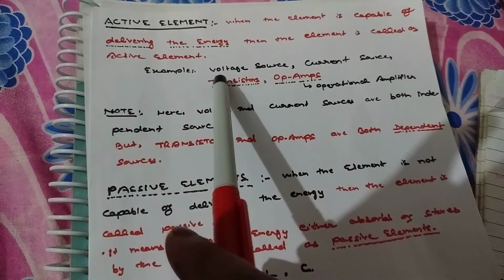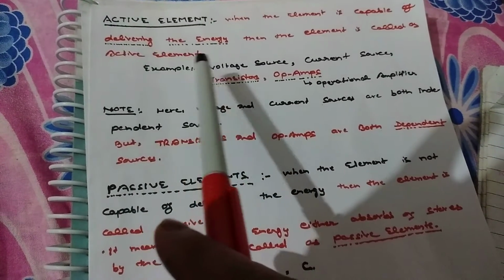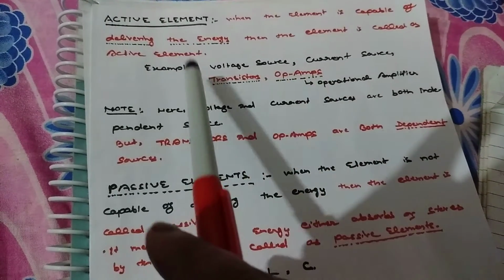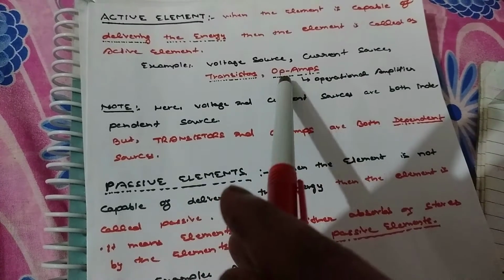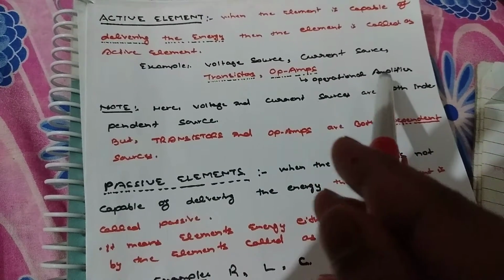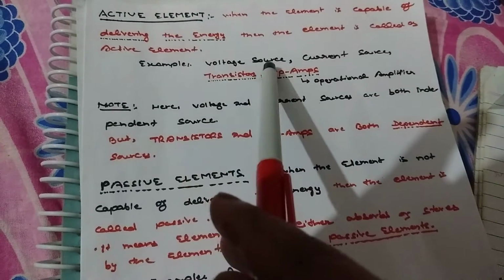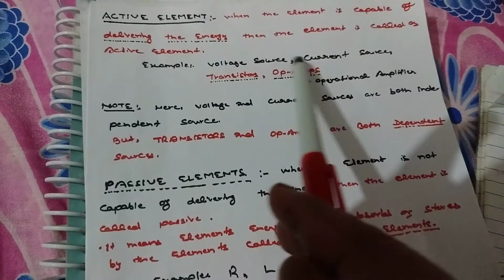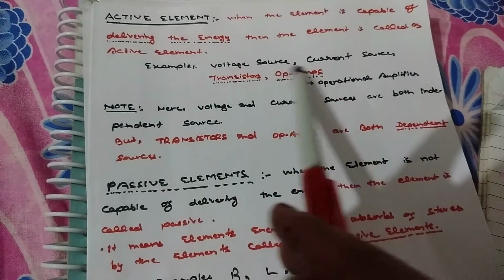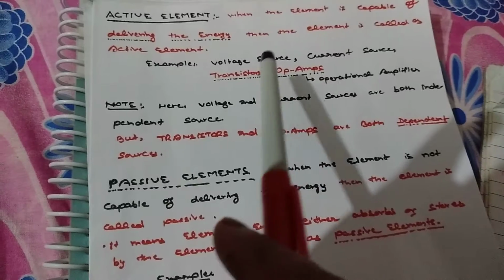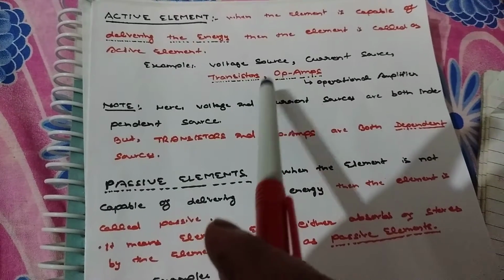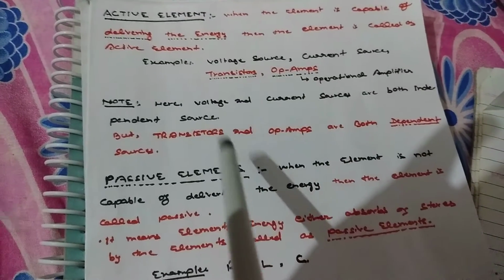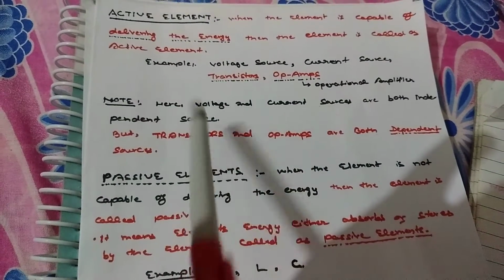They don't give voltage source or current source as the option, but they will give transistor and op-amps. Op-amps are called operational amplifiers. These are the most vital examples of active elements, which I will tell you later in detail, but by now you should remember these two very carefully. Note this point down also.